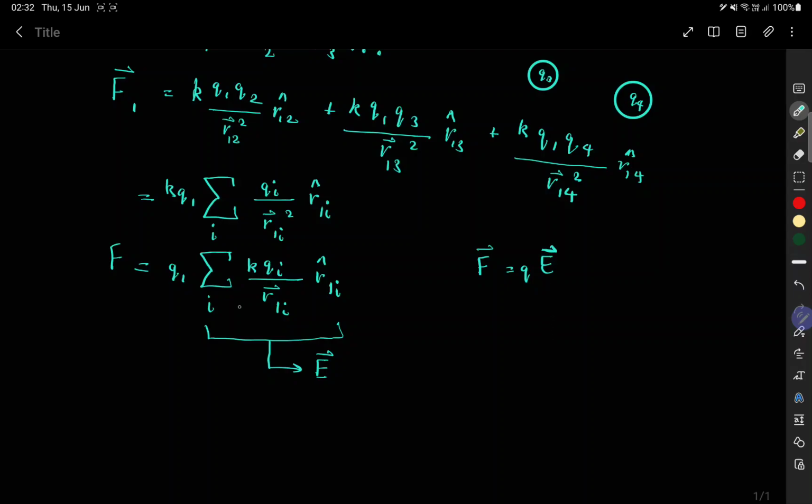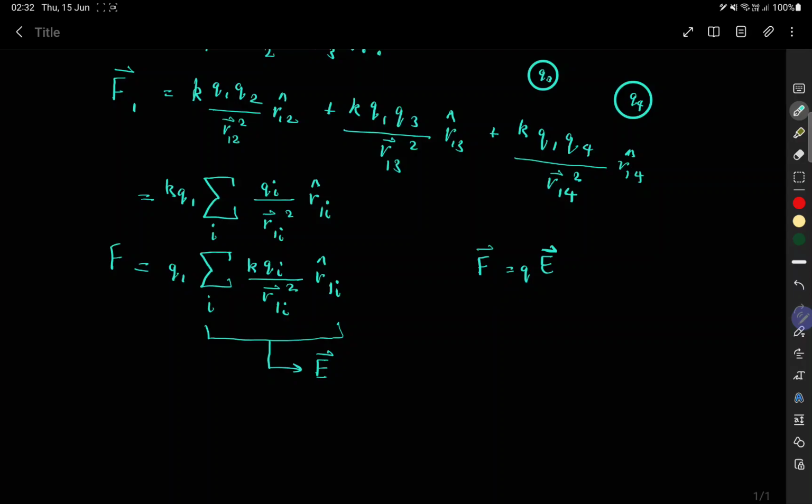And I know this seems kind of abstract because we just have some random constant being multiplied by charge and then being divided by the radius vector squared and being multiplied by r hat. So it seems kind of weird that we have such an abstract concept.